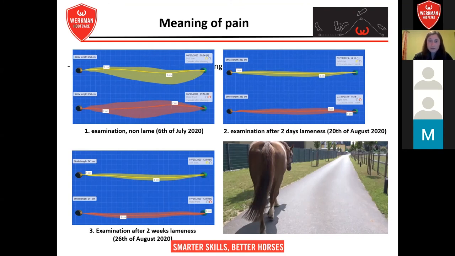And with the existence of pain, the variation between the strides was very low. This is also a kind of protection mechanism, because if the body is in pain, it tries to avoid all unnecessary motions. And that's why the motion variation, the variability, for example, between strides decreases.